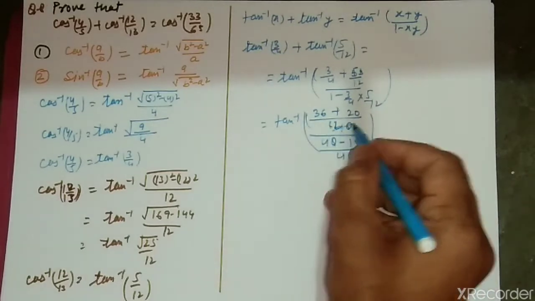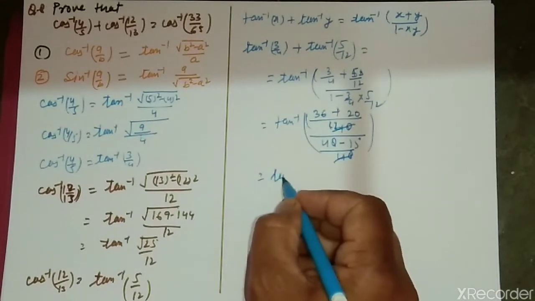Clear? So 48 and 48 cancel out. You can write it as tan inverse.